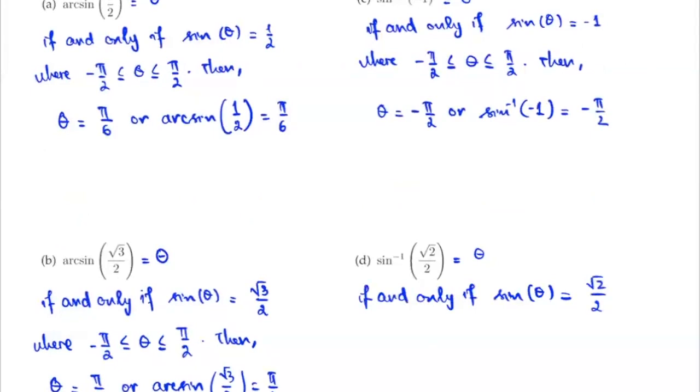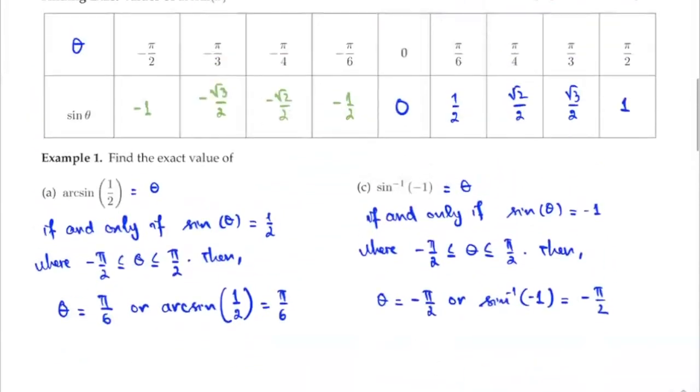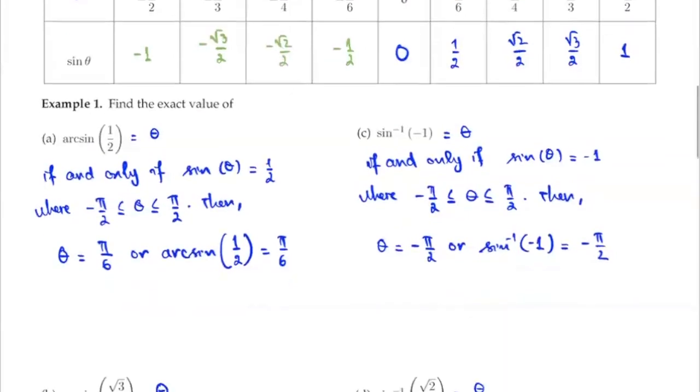Again, one more time, you apply sine on both sides of this equation, and the sine and the inverse cancel out, and you're left with root 2 over 2 on one side, and sine of theta on the other side. So sine of the angle that you're looking for is equal to root 2 over 2 right here. So the corresponding angle must be pi over 4.